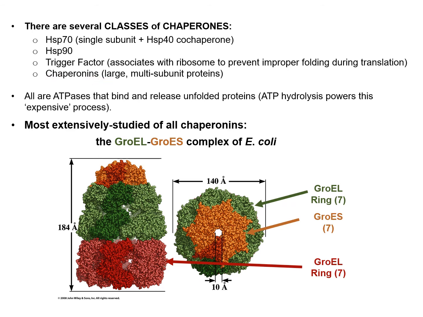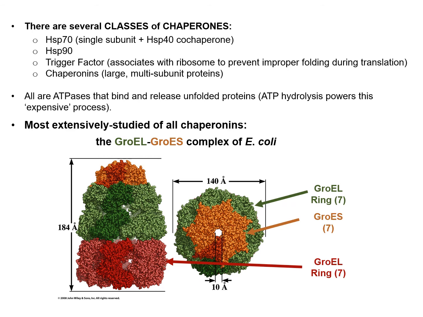All these chaperones are ATPases, meaning that they hydrolyze ATP to bind and release unfolded proteins. This ATP hydrolysis generates the energy that powers this expensive process to correct unfolded or misfolded proteins.